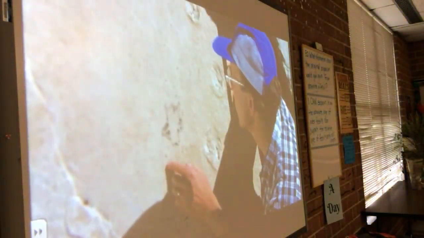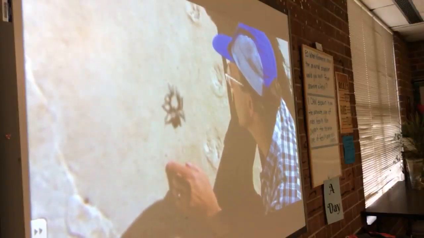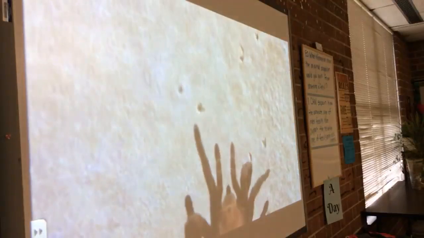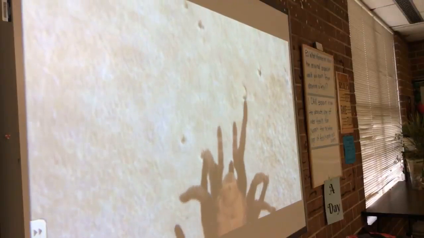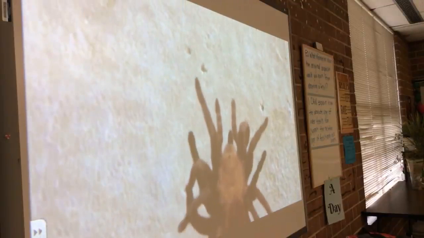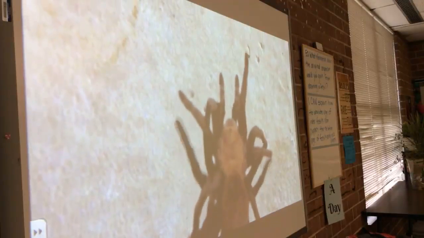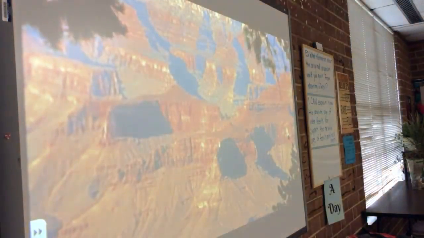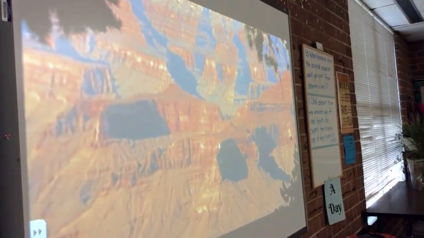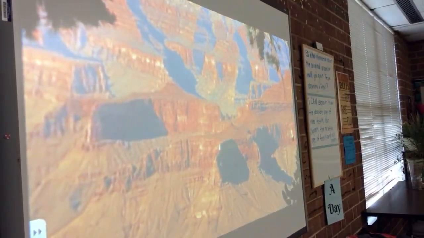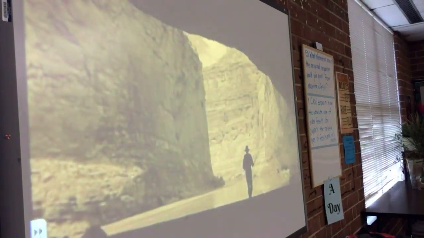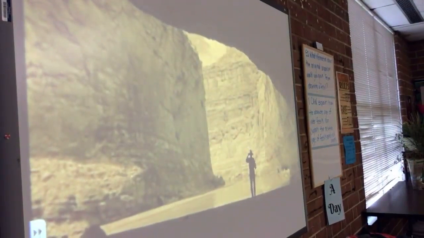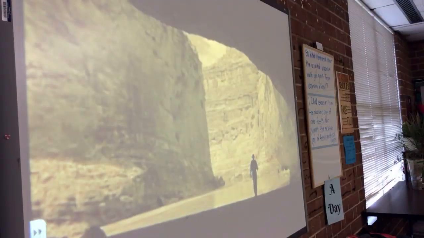This animation of a spider that lived about 270 million years ago recreates what scientists think caused these footprints in sandstone. Scientists believe that at that time, this area was a dry environment. It is this mix of Earth's geologic history, as well as sheer beauty, that has drawn so many to the Grand Canyon, like geologist John Wesley Powell, who took his team through the canyon by boat in 1869 and lived to write about it.